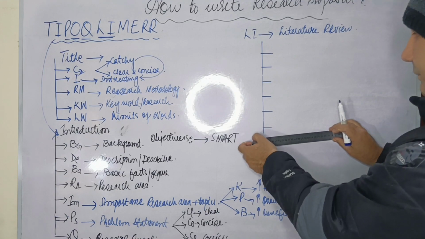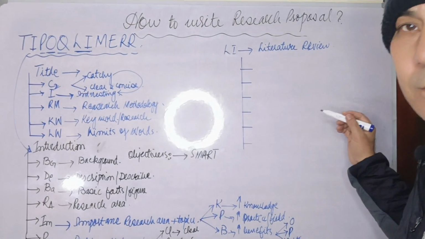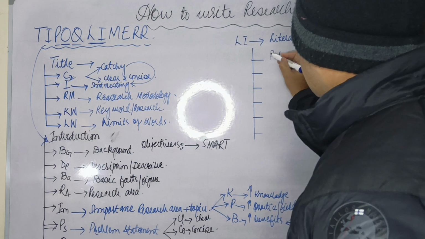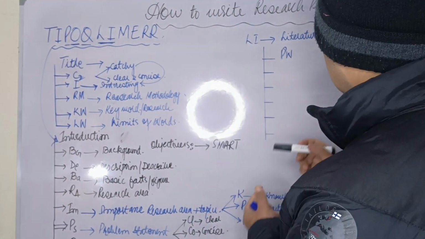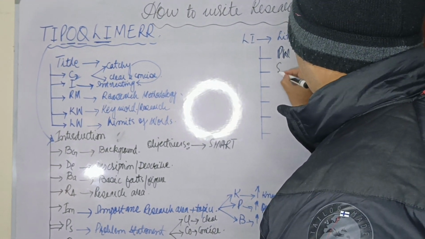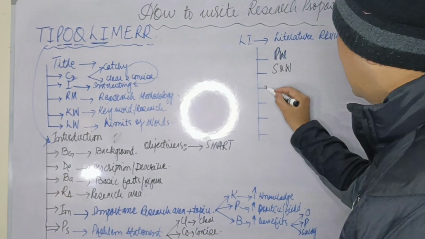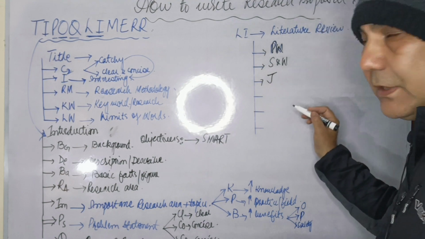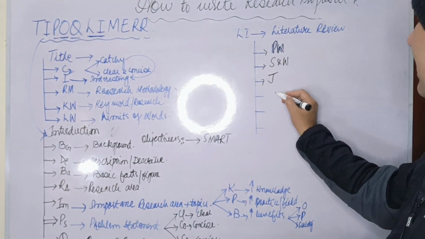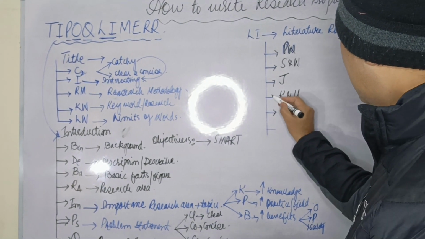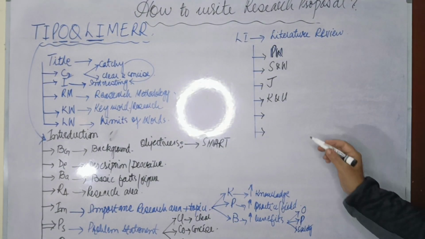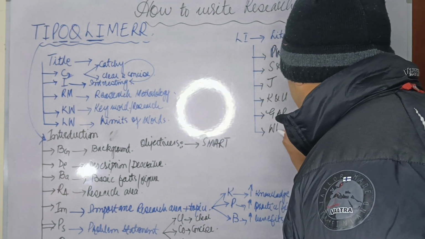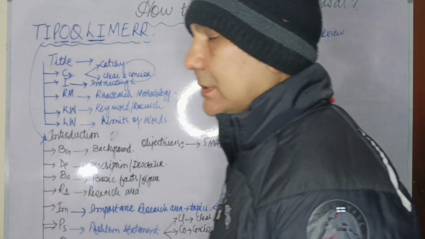Keep it in mind: the literature review should be PW and SW, J for the justification, KN and U, then the last is the gap, and then Y. In the last you ask the question of why.